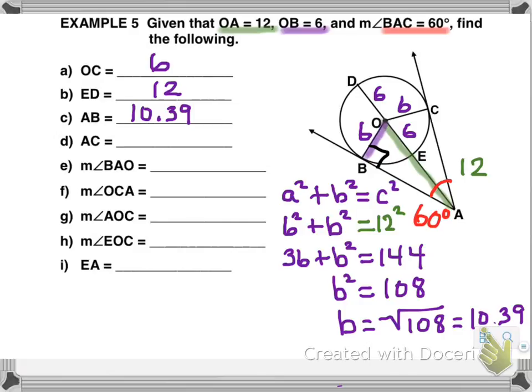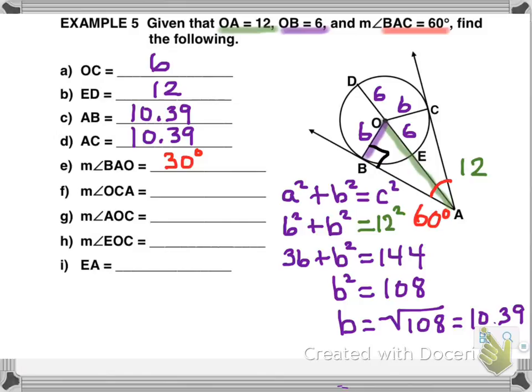Now we'll find AC, but AC is tangent to the circle just like AB, so it has the same length as AB, so it is also 10.39. Now we'll find angle BAO, which is 30 degrees, since it is half of the 60-degree angle BAC.